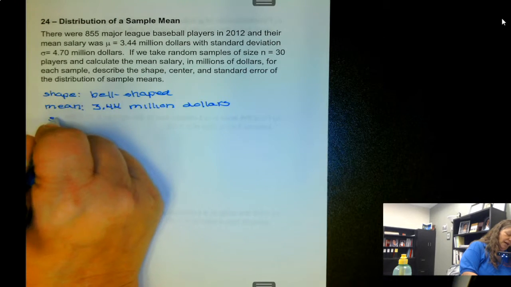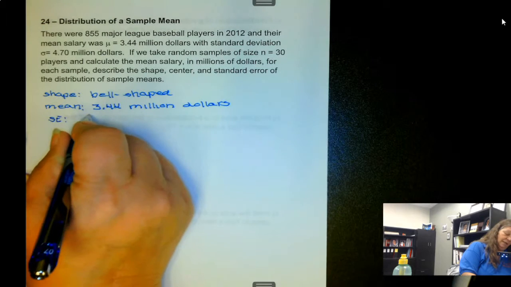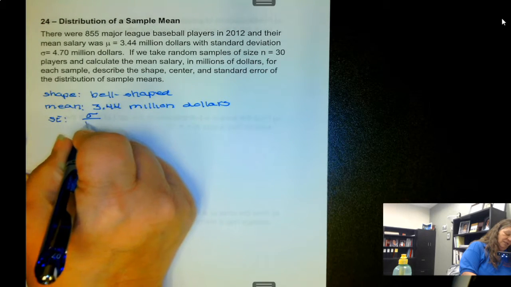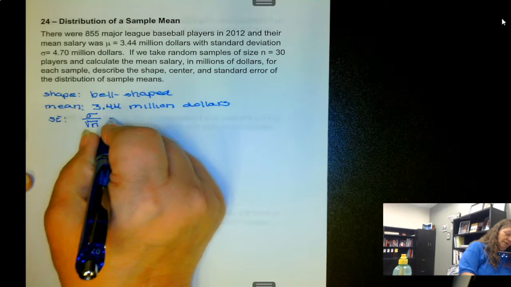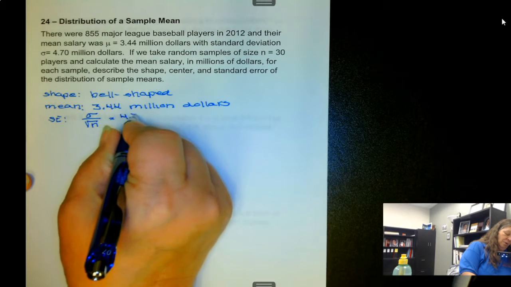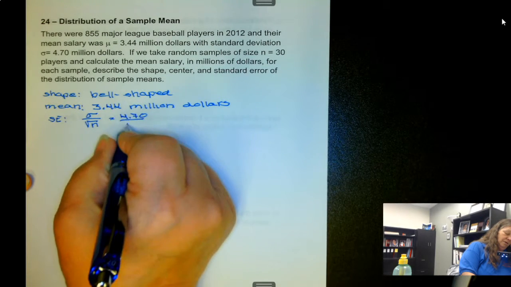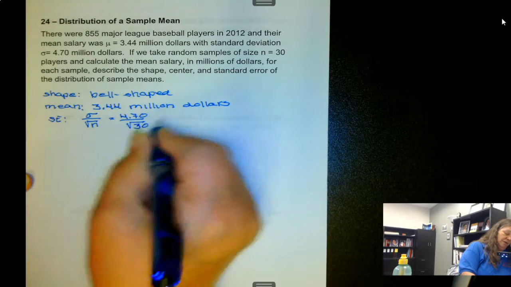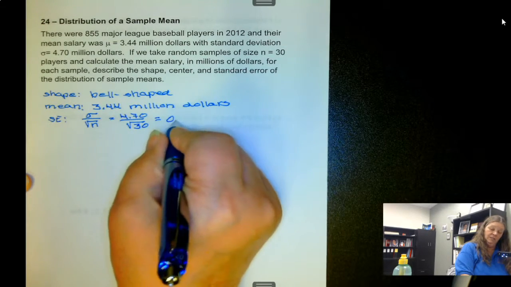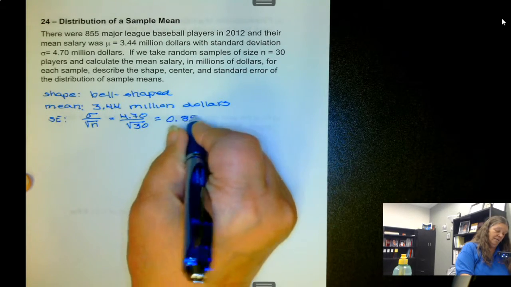And the standard error is standard deviation over square root of n, so 4.70 over square root of 30, which is 0.858.